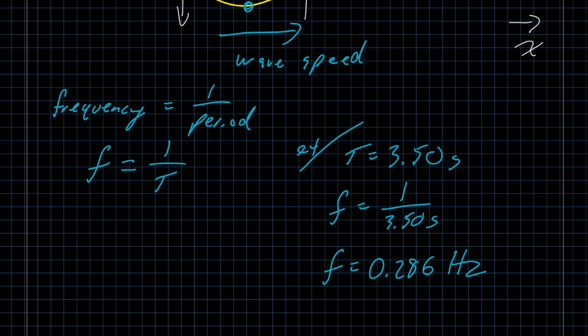Because this 1 over second happens so often, it was worthwhile to give it its own name. And so the 1 over second unit is called the hertz, with variable Hz.